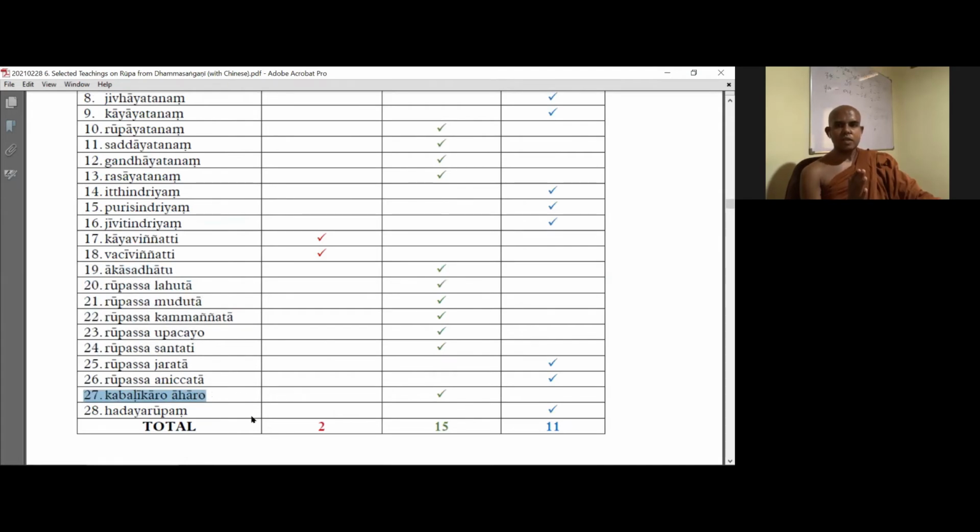Those are the 15 rupa. You can read again and again, then you can get the meaning. In total, how many mind-born materialities? There are 17. How many not mind-born materialities? There are 26. Those are the rupa, so we can make the groups according to the chart. Now you can understand after it.